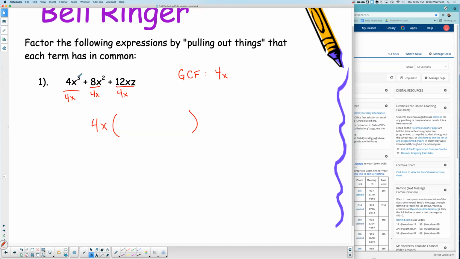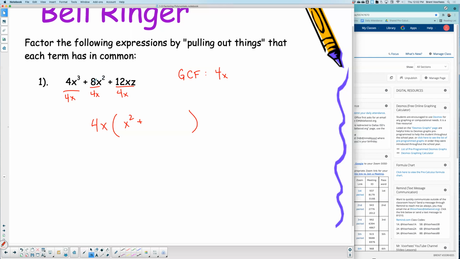So I have x times x times x, but I'm dividing by 1x. So if you have 3 x's multiplying here, but you're dividing out one of them, how many are left over? 2. So you should have an x squared in that first location. You won't change the operator, the addition symbol there.